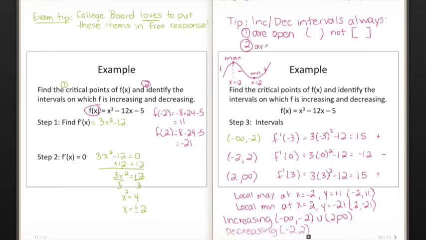The brackets mean the end values are included. The parentheses mean the end values are not included. And these intervals are always written in interval notation, just like I used in this problem today. So please make sure that you are familiar and comfortable with using that interval notation.